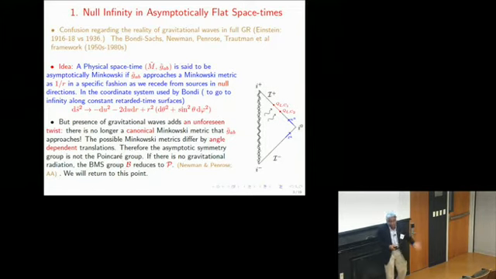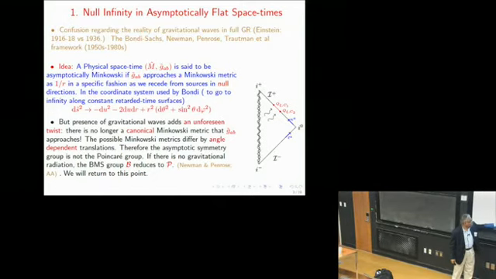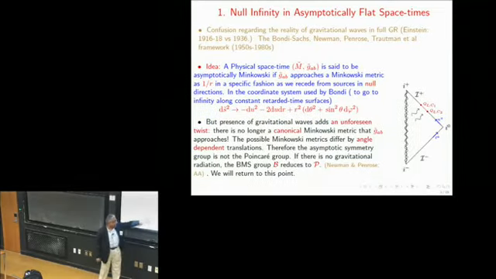If there are no gravitational waves, then we can reduce the symmetry group to the Poincare group, as we'll see in the talk. So this is what really happens. If there is no gravitational radiation, then the BMS group, where BMS stands for Bondi, Metzner, Sachs, the asymptotic symmetry group, which is much larger, reduces to the Poincare group. Again, I'm going to explain all these things now.